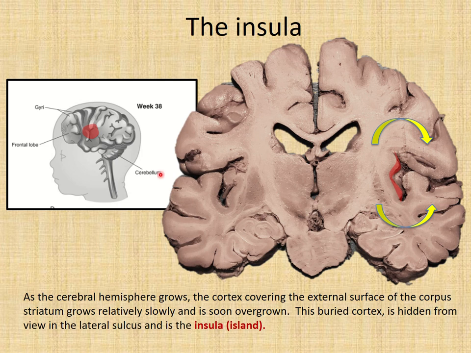So it's hidden from the outside. You can't really see it from the outside. You have to peel the temporal lobe down and peel the parietal lobe a little bit upwards to be able to peek in on the insula. But that's where it's located, and that's why it becomes hidden in the brain.